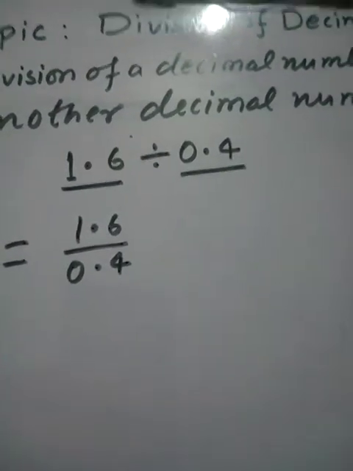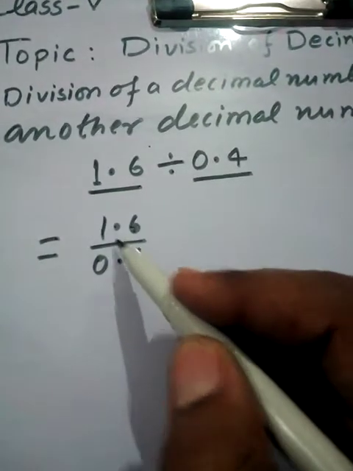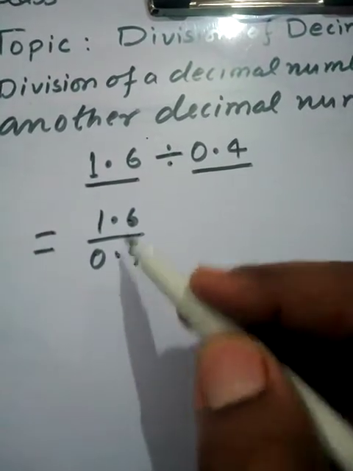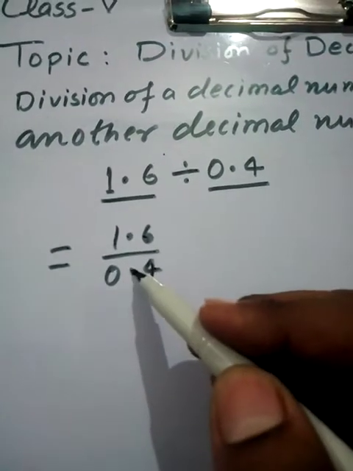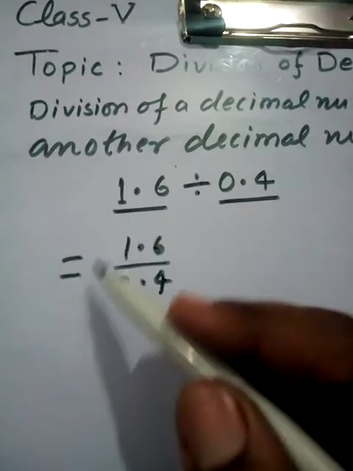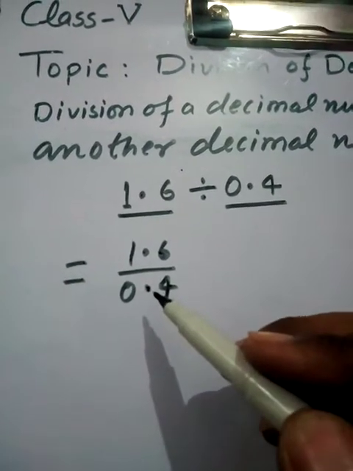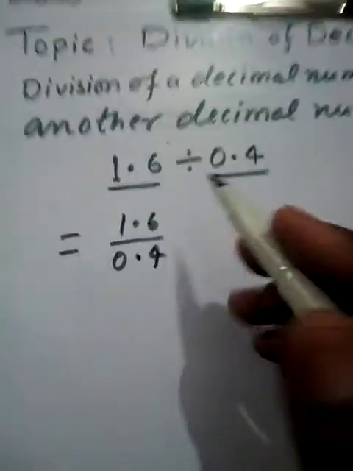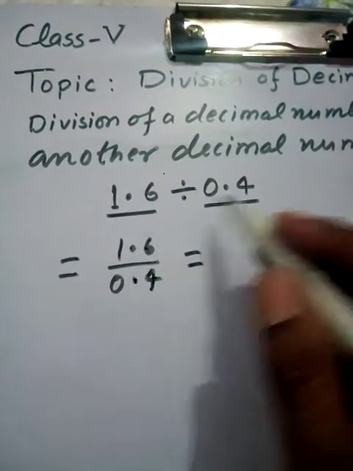like in a fraction. Now you can see these two numbers are like decimals. Here the number of digits on the right side of the decimal is 1, and here also the number of digits on the right side is 1. So these two numbers, the numerator and the denominator, both are like decimals. So you can just ignore the decimal.